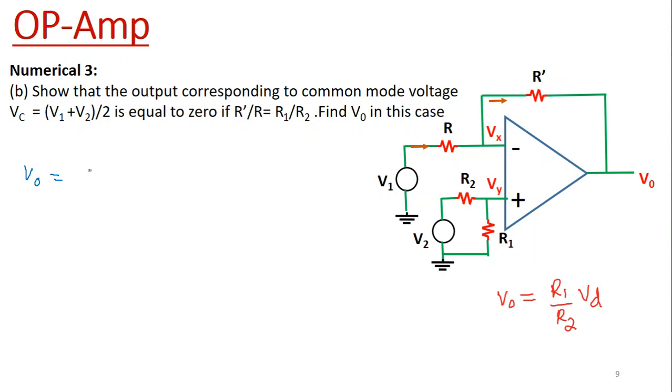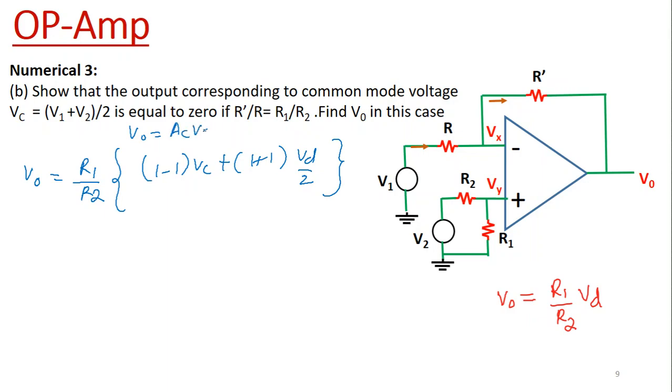V0 is equal to R1 by R2 into 1 minus 1 Vc plus 1 plus 1 Vd by 2. This we are getting. In this question, we have to show that the output corresponding to common mode voltage Vc, equal to V1 plus V2 by 2, is equal to 0. The output corresponding to common mode voltage is V0 is equal to AC into Vc.